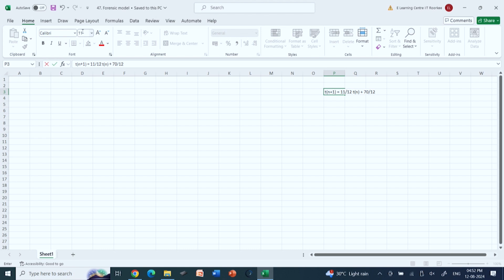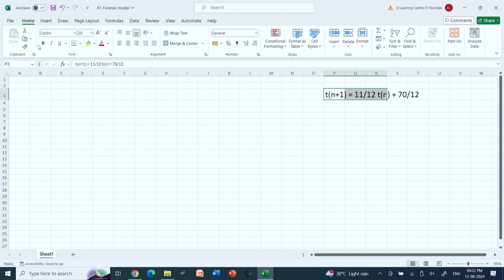If I want to change the font size, make it 20, so I just select it and I make it bold. So, this is the equation which shows a cup of coffee is kept in a room, and we want to see in the long run at what temperature the coffee becomes.